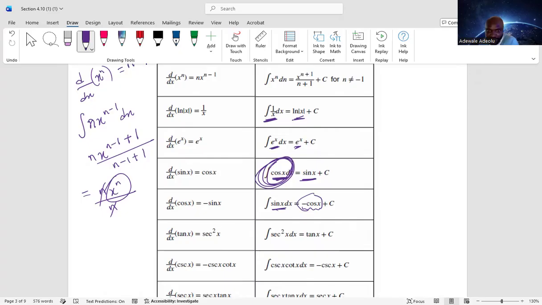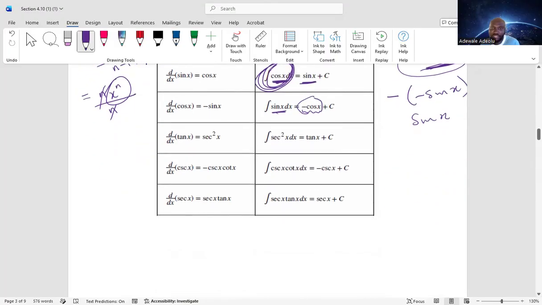That is what we are asking here. So it turns out to be negative cosine of x. If you want to check negative cosine of x, take the derivative of this. The derivative is minus, minus sine x, which gives us sine of x. So that is the antiderivative, and so on and so forth.